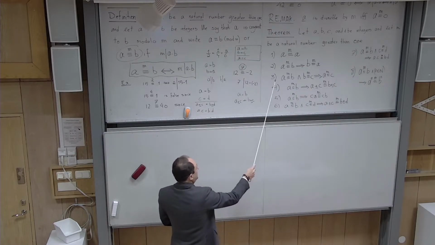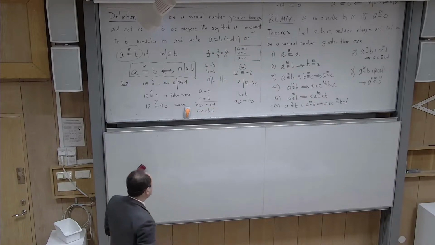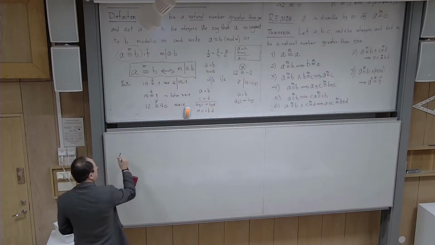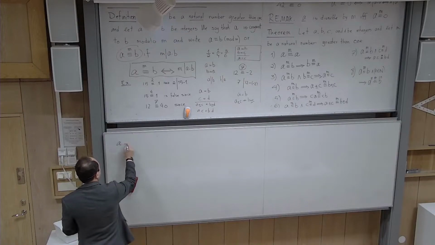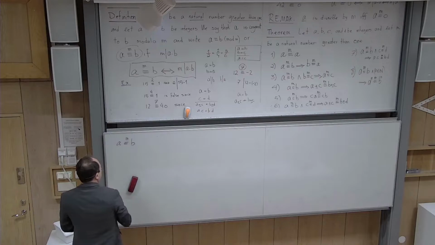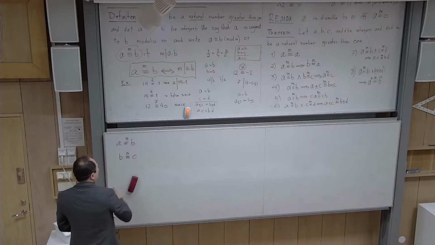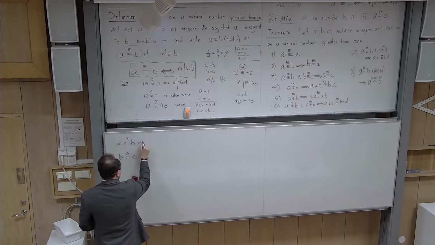Okay, for the first one, let us prove this. Why is this true? You tell me that A is congruent to B. You are also telling me that B is congruent to C. The meaning of this sentence is just the definition.